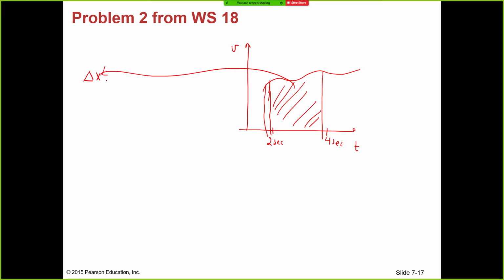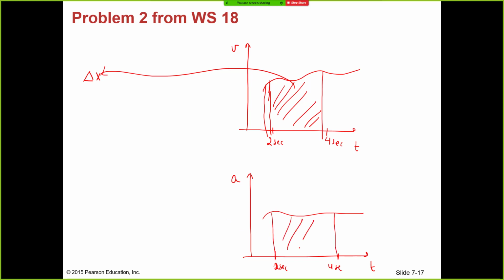So that area under the curve gives you the displacement. Likewise, if you have acceleration versus time, and you want to find velocity from, let's say, 2 seconds to 4 seconds, then the velocity would be the area under the curve.